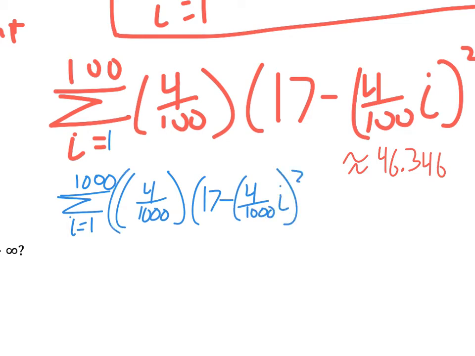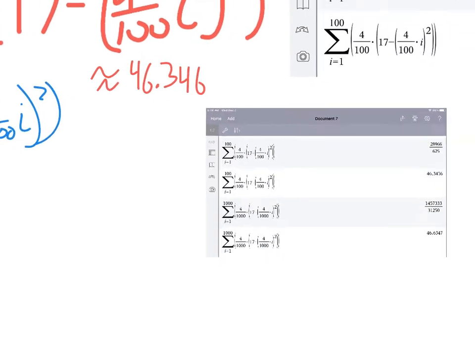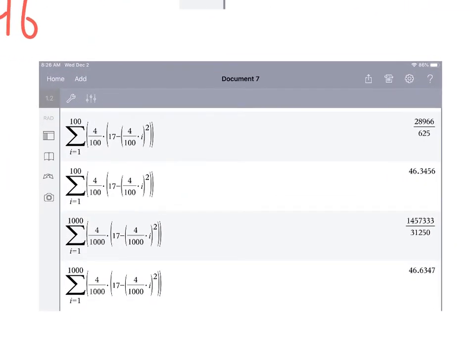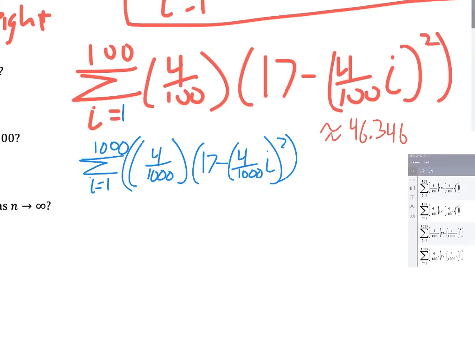That whole thing is going to need to be in parentheses. Let's check it out on the TI-Nspire. And that's going to give us, looks like 46.635, so it's changing a little bit.